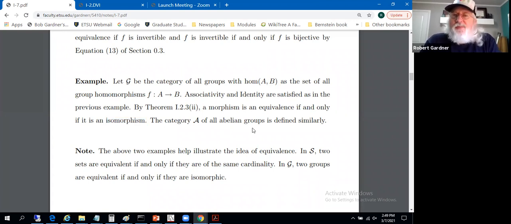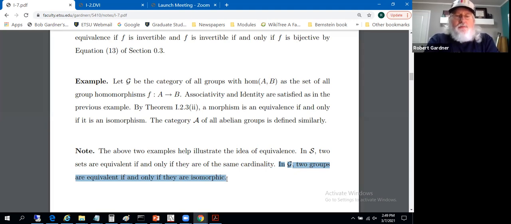We could restrict this to abelian groups and do some similar things, of course. But what we get then is, in that category, two groups are equivalent if and only if they're isomorphic. So in the two examples we had, sets were equivalent if they have the same cardinality, and groups are equivalent in this category if and only if they're isomorphic.